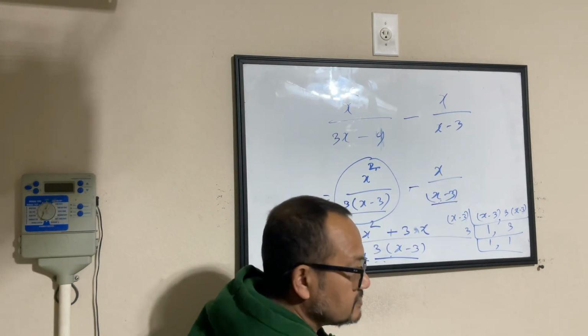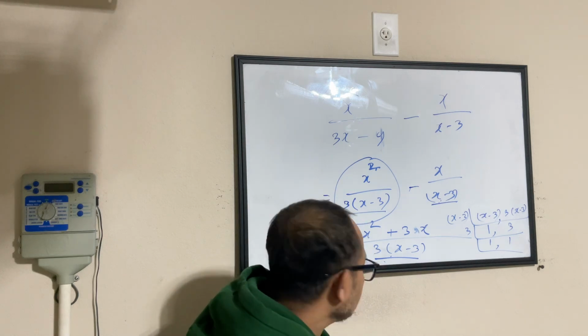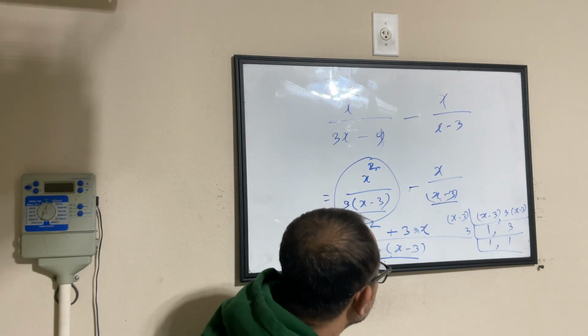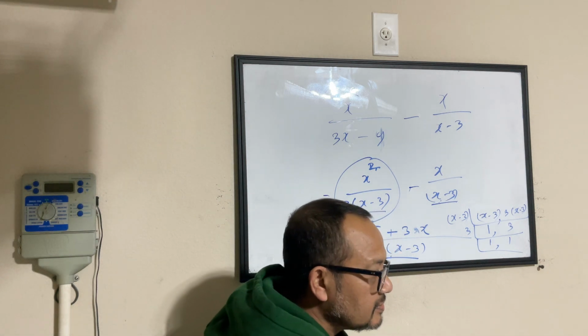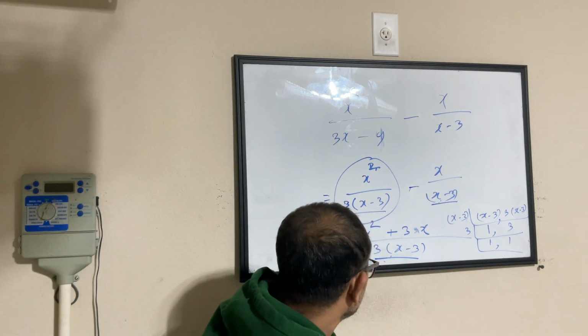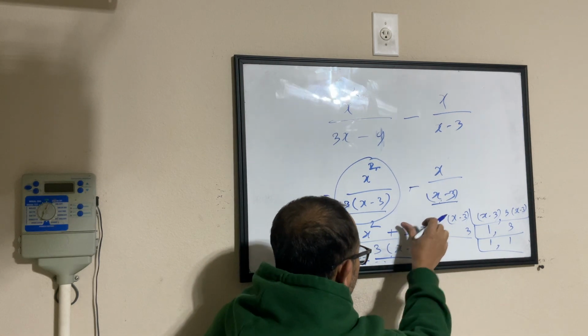Wouldn't the final product be x squared plus 3x divided by 3x minus 9? And then you could knock off the 3x's. So wouldn't the final product be x squared plus 3x divided by 3x minus 9?